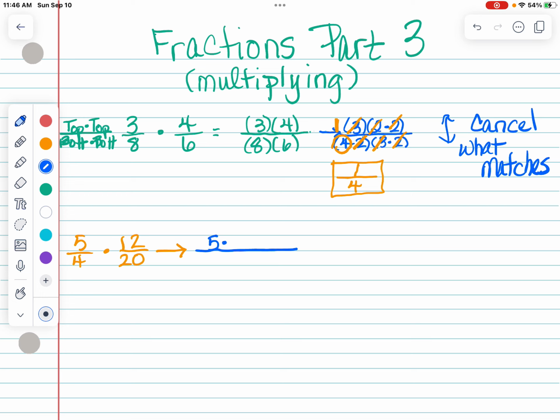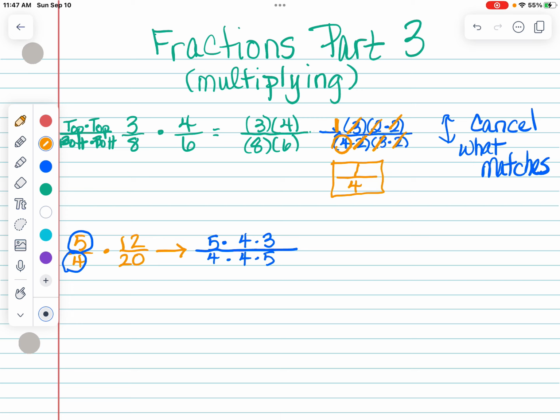And 12, well, because this guy here is 4, I'm going to use the factor pair of 4 times 3, because it matches the 4 on bottom. And then because this one is 5, for 20, I'm going to use the 4 times 5 because it matches the 5 on top.